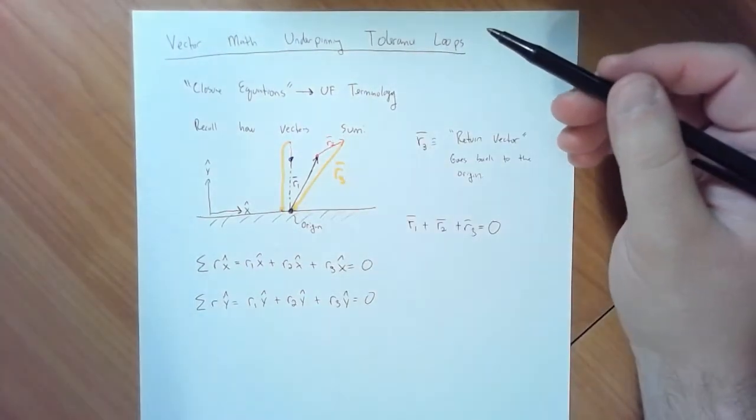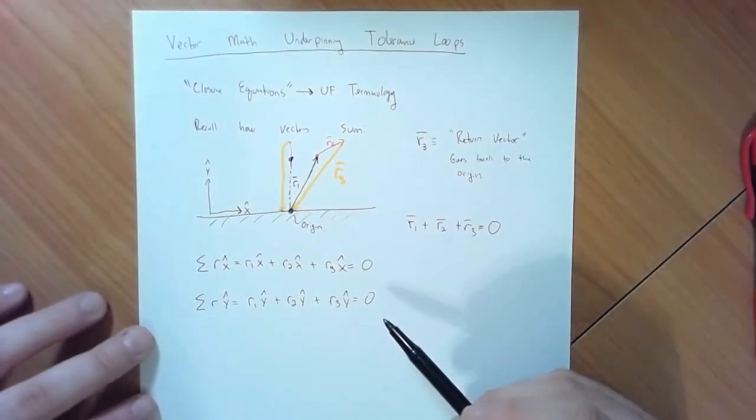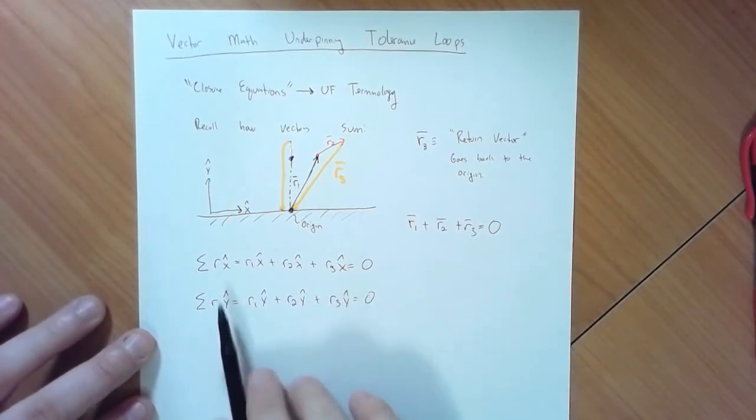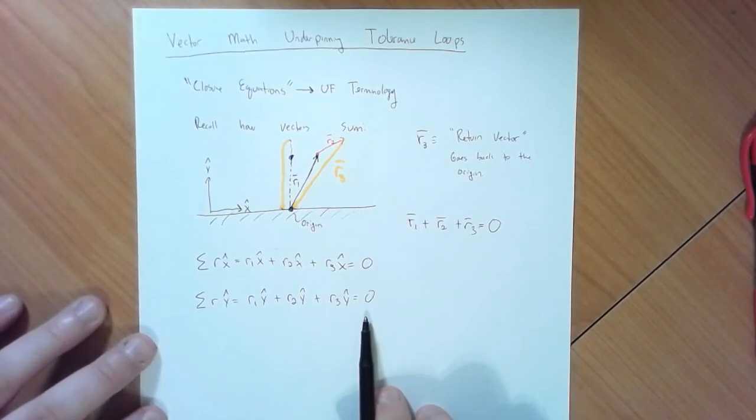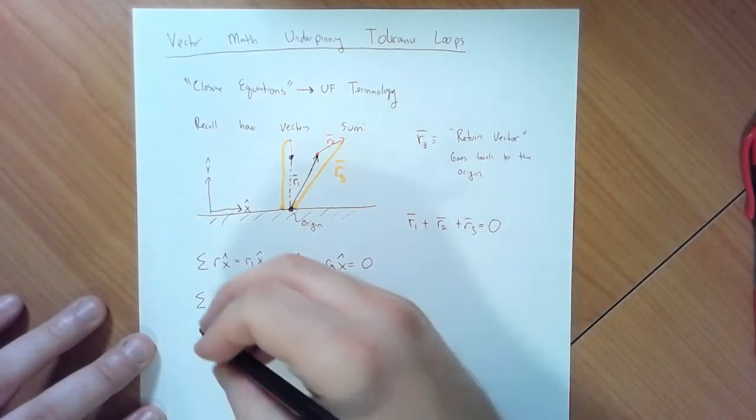Okay, so once you get this far and appreciate that these are the expressions for the vectors, the next thing to do is to ask the question, well, what happens if there's some uncertainty in the direction that the vector points?